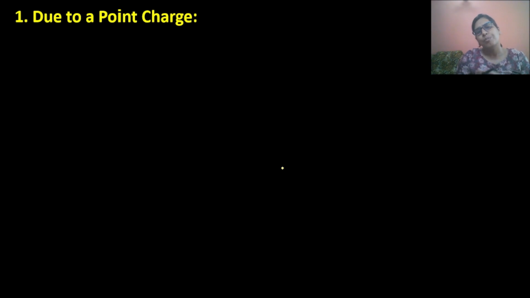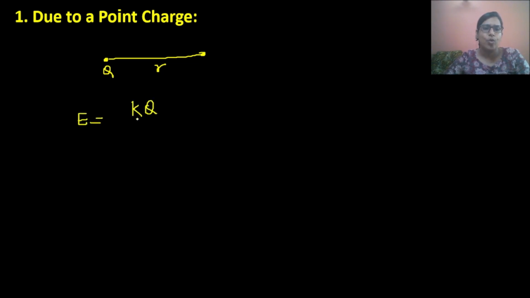Now we will see the electric field due to many different bodies, but we will not derive the formulas. We will write the formulas and we will remember the formulas. So first, due to a point charge, suppose there is a point charge q, and at a distance r the electric field will be written kq upon r square, and if we see the graph between E and r, that will be like this.